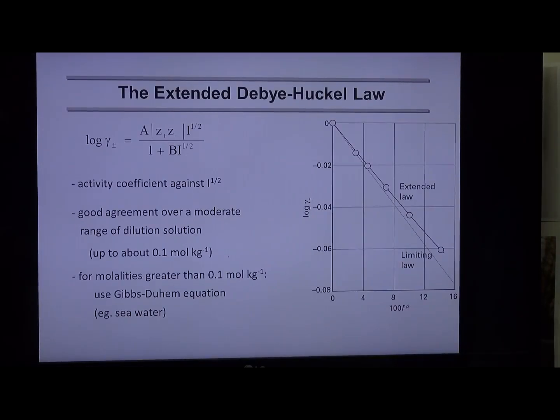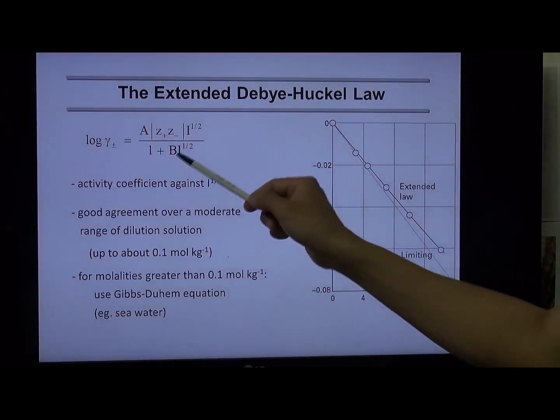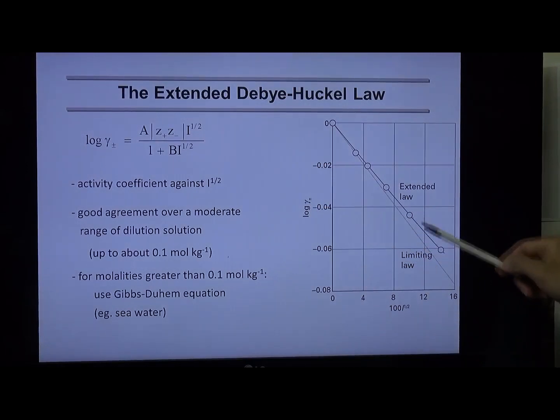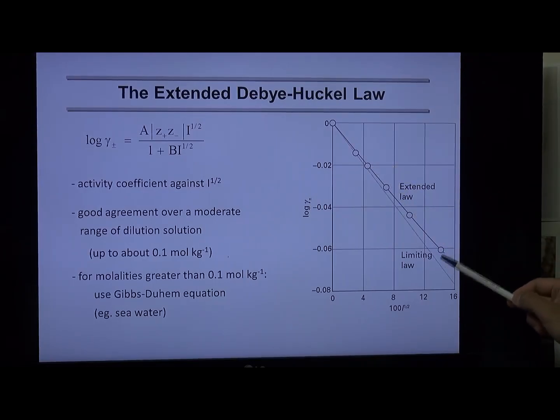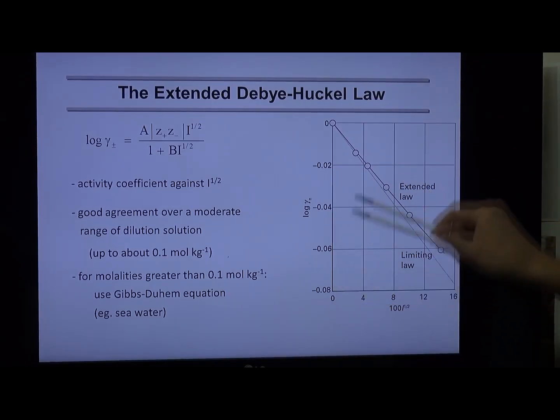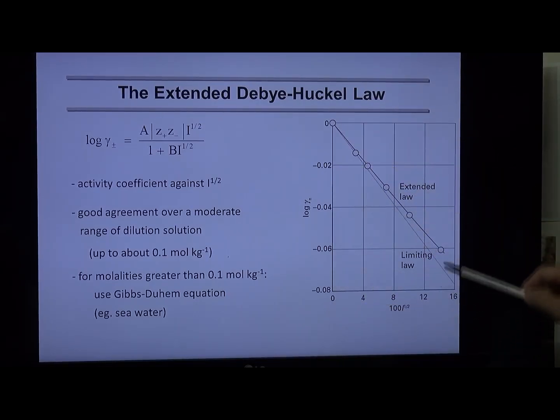So to match it better, we introduce more variables, and then we can try to match the real experimental data with this equation. But even so, it matches well at low concentration, but at high concentration it does not really match well with this simple equation.